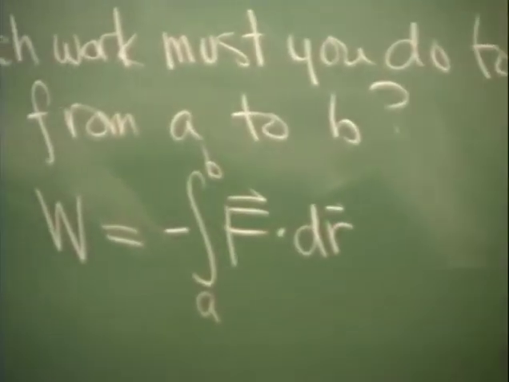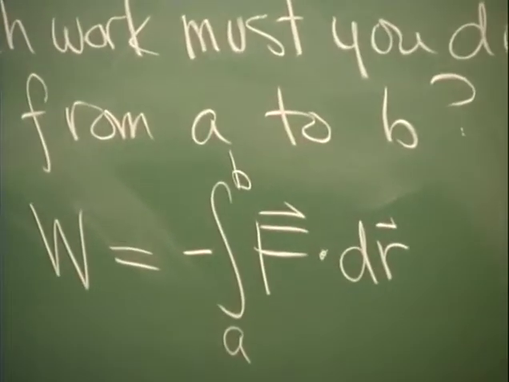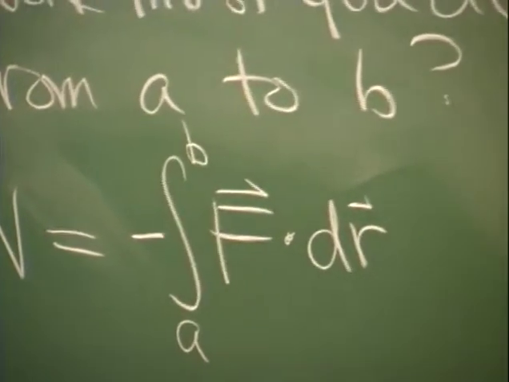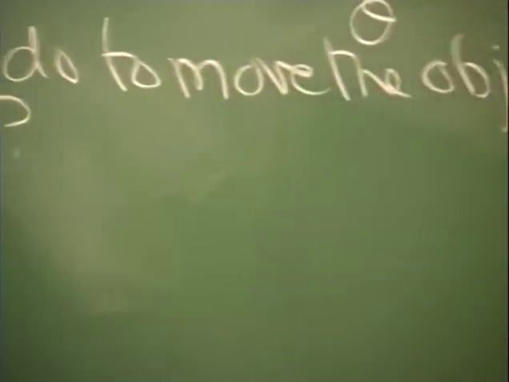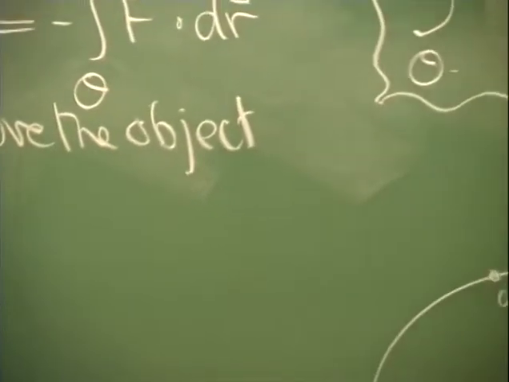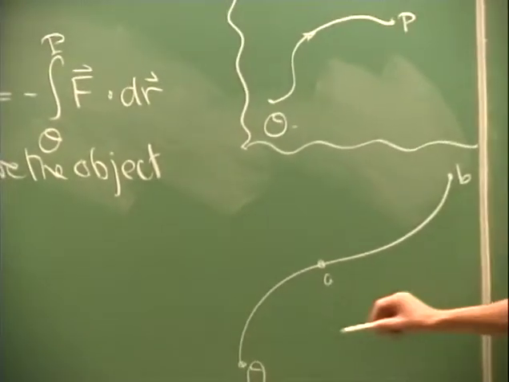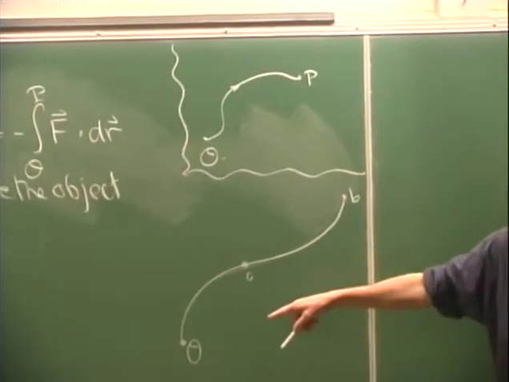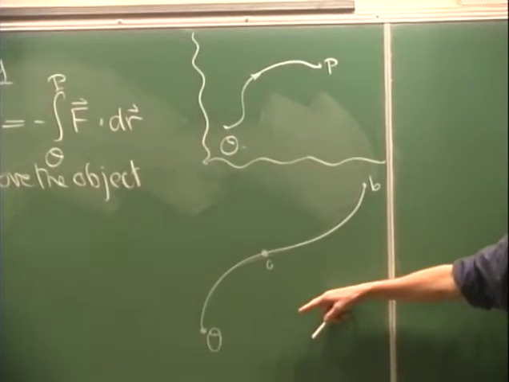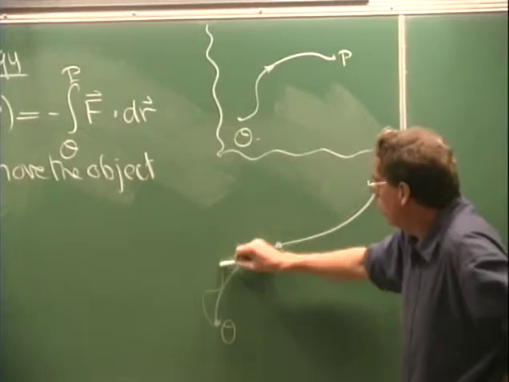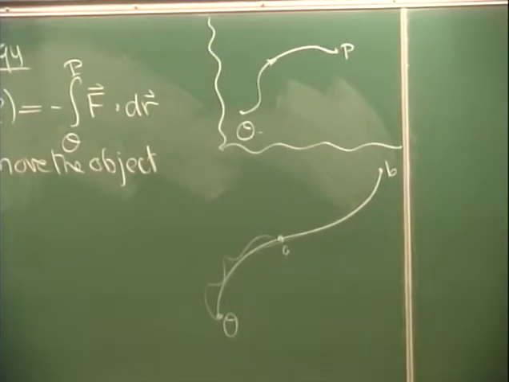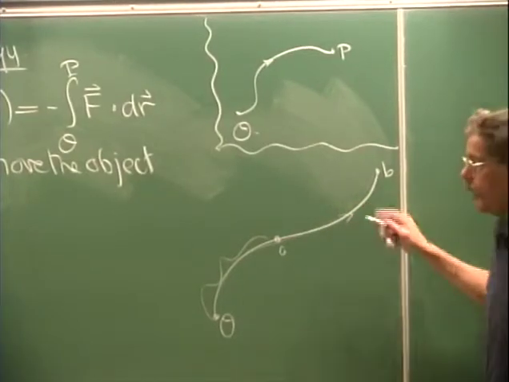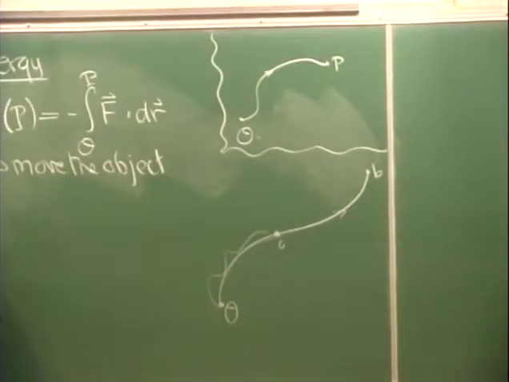So here's the situation. Here's the point B, here's the point A, and let's say here's our reference point back down here. One way that I could calculate that integral would be, first of all, to integrate all the way from the reference point up to B, and then subtract off the integral up to A. And the difference would be the integral from A to B. So I could write this, if I like.